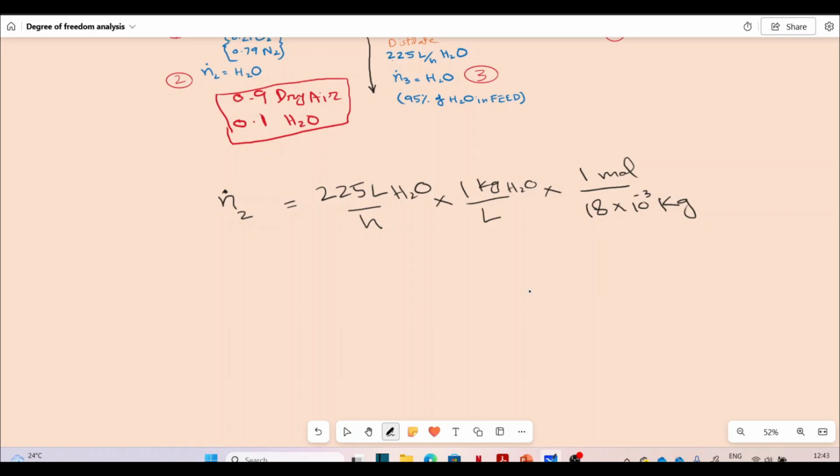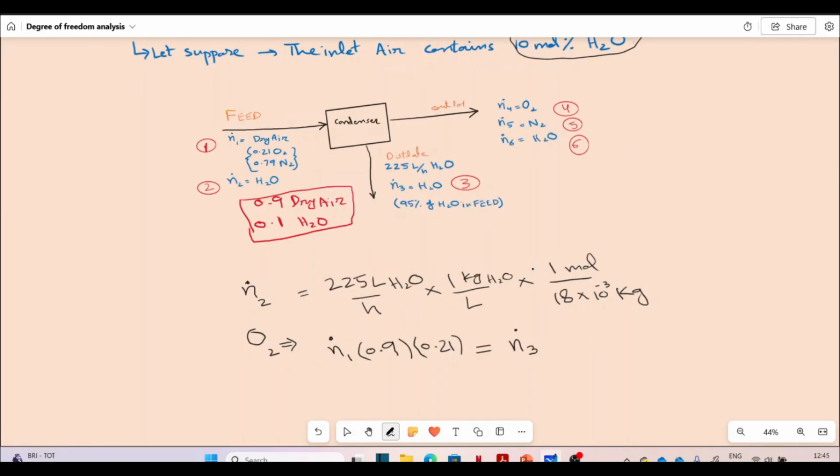Now you can simply write the species balance, like for oxygen. So the oxygen, that is N1, the total molar flow rate of air, and 0.9 is the mole fraction of dry air, and in that you have 0.21 oxygen. It is equal to N4, not N3.